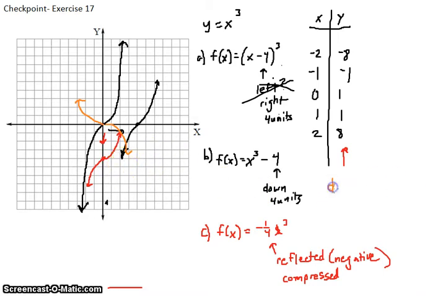Now for letter D, it says we want our function to look like this. X minus 4 cubed, minus 4.